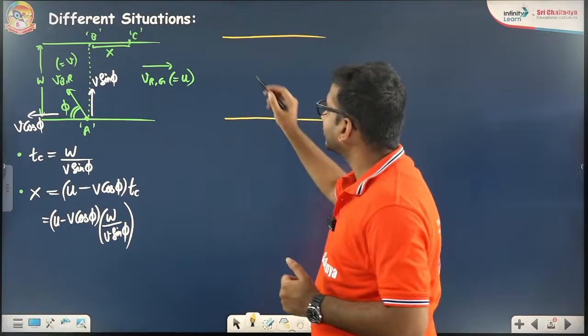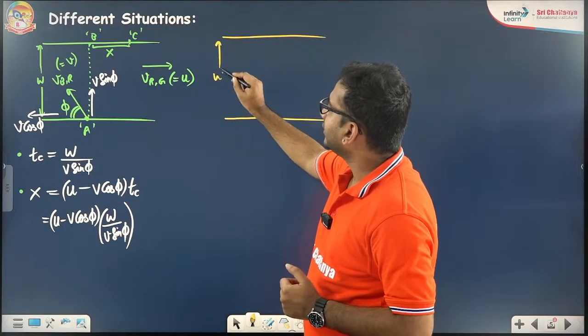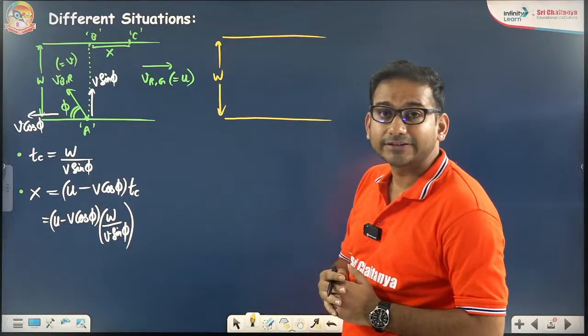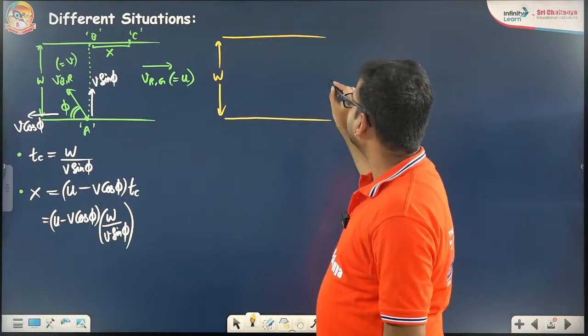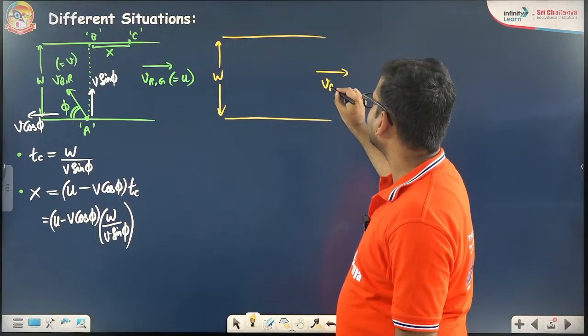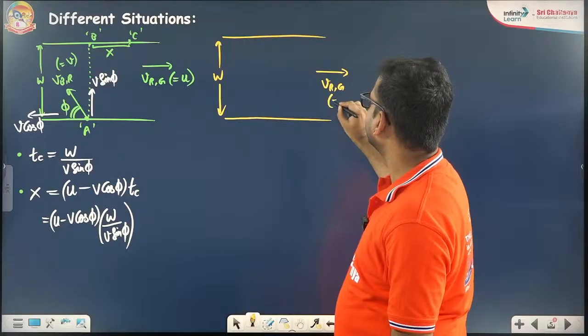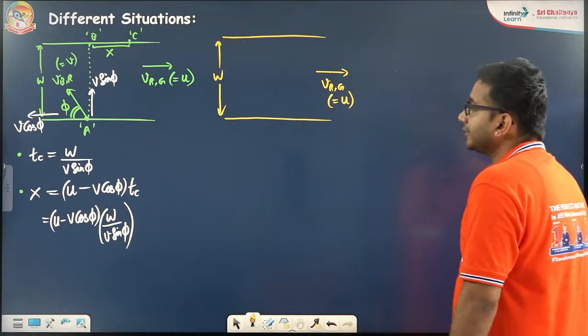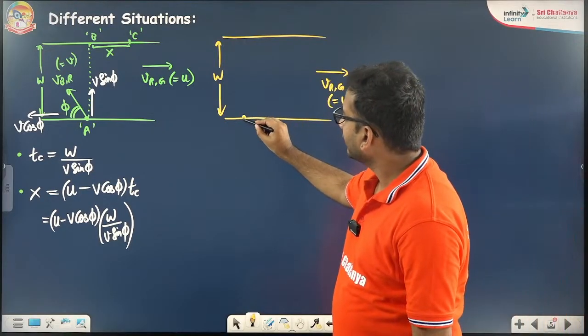Now the language of the question is, there is a river of width W which flows with a velocity u, suppose. This is the velocity of the river with respect to ground.